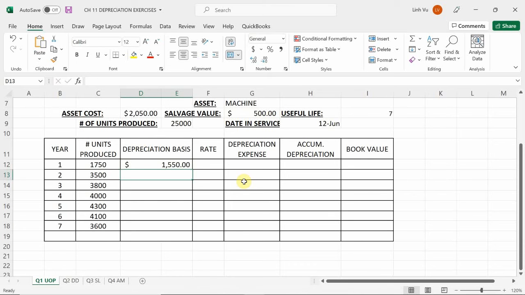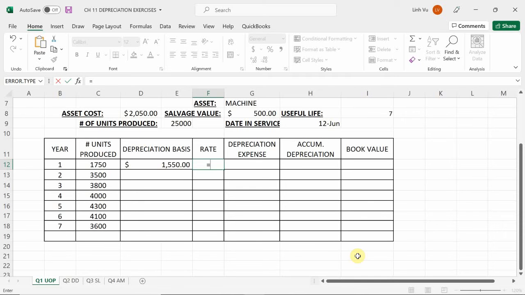Okay? How do I solve for my per unit rate? Anybody?